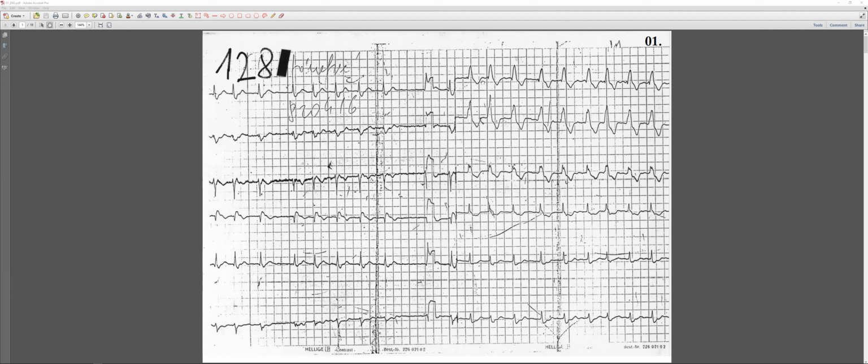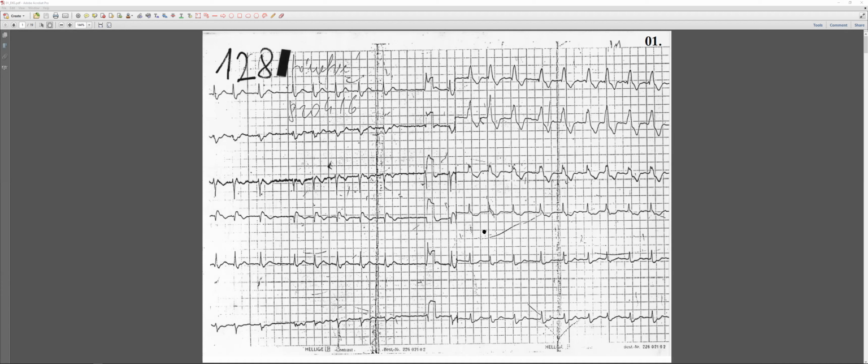Why did you say that that's a bifascicular block? Because also V6 doesn't seem to be... What is the criteria for a bifascicular block?